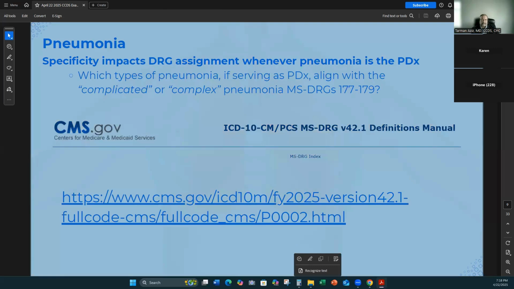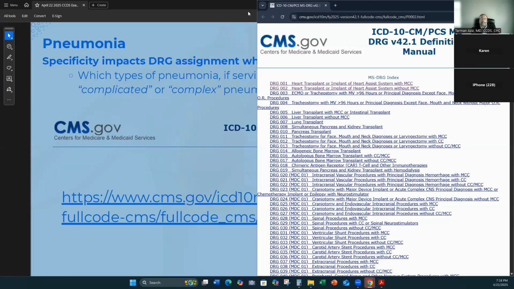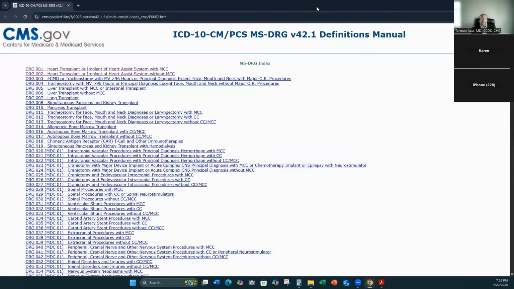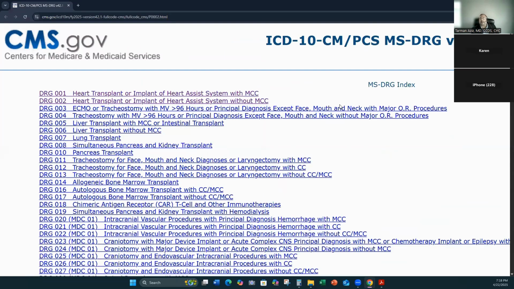Let's see here. I can open this up and bring it over for us to look at. Bear with me while I get this onto the screen. So now I've taken us from the presentation link to the cms.gov website for DRG assessments.